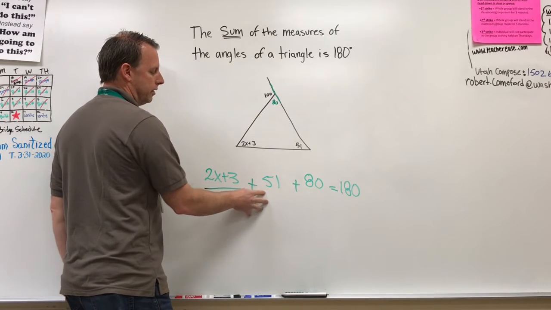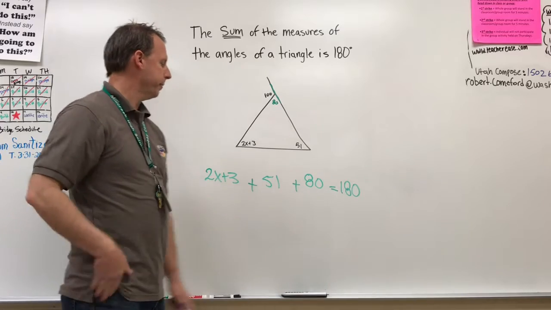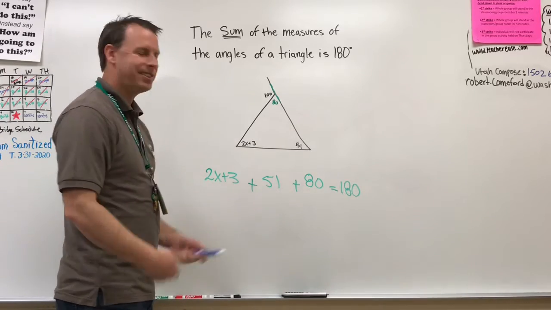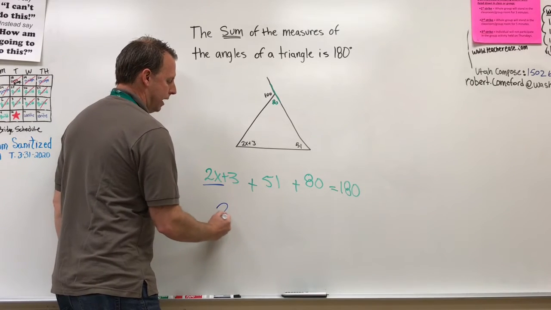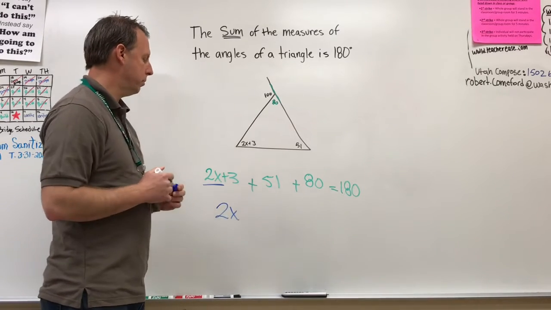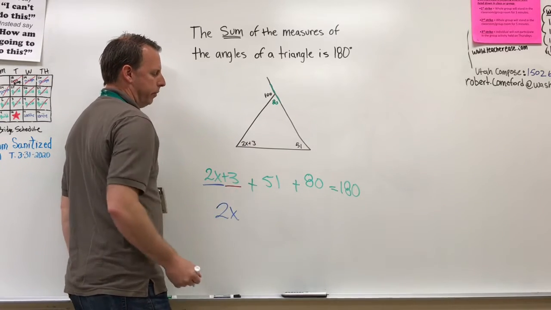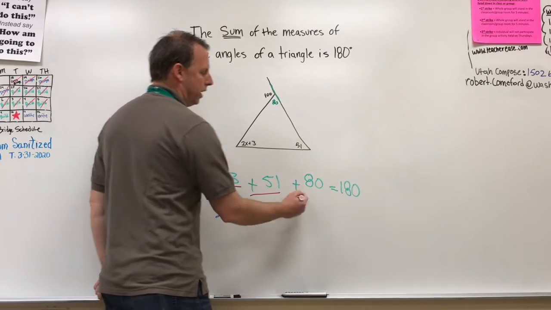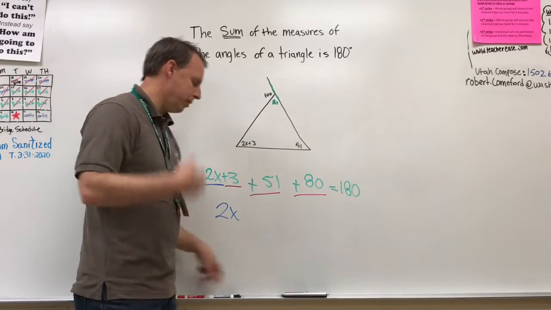We're going to get all our x's together, all our numbers together, and then x's to one side, numbers to the other. Turns out I only have one x in this one, and this term right here. So I got my 2x here. I don't have any other x's to put together. Number-wise, I've got a plus 3, plus 51, plus 80. So I'm going to add those all up. Maybe you can do that in your head.